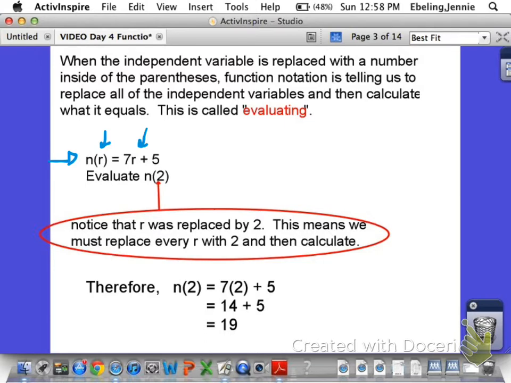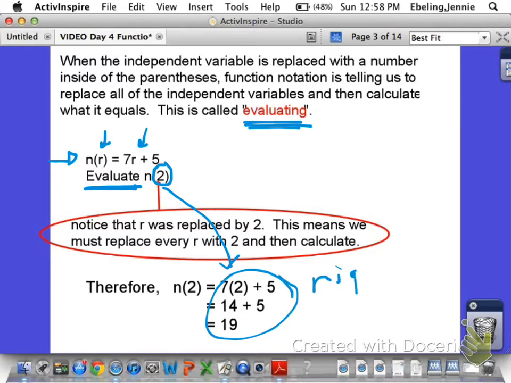And if we want to do something called evaluating, if our directions say evaluate, we take the number inside the parentheses and then we plug it in for the x on the right hand side and do all the math on the right hand side. When we evaluate it, we should come up with just a number.